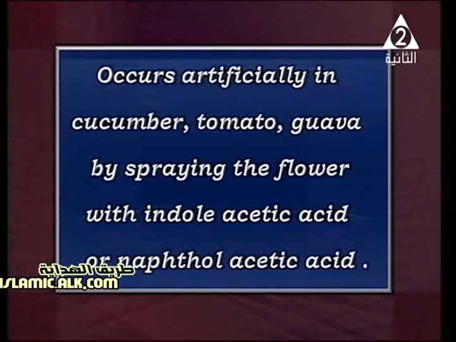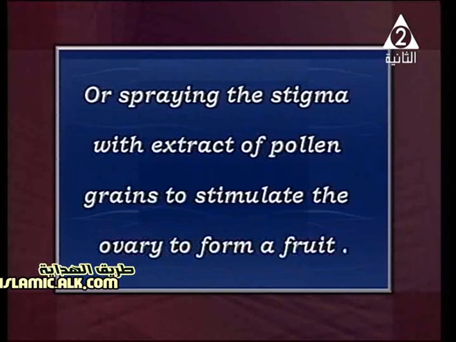Some activators, like indoleacetic acid and naphthaleneacetic acid. What does it mean? Again, parthenocarpy: formation of seedless fruit without fertilization, okay? And we can also use what? Spraying the stigma with an extract of pollen grains.